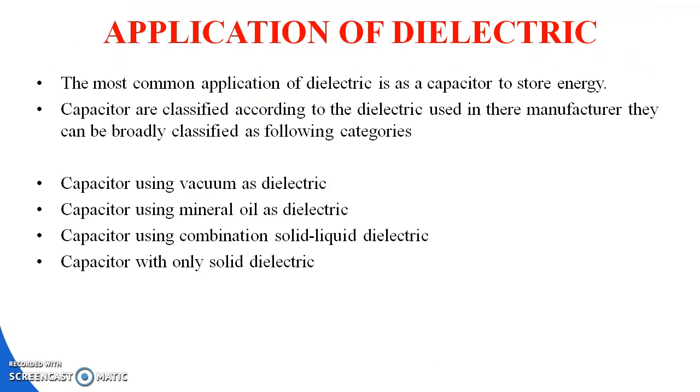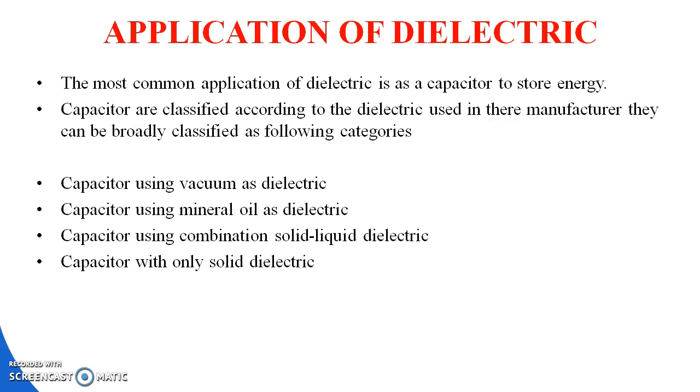So what are the applications of dielectric material? Come to the applications. The most common application of dielectric is as a capacitor to store electrical energy. Capacitors are classified according to the dielectric used in their manufacture.